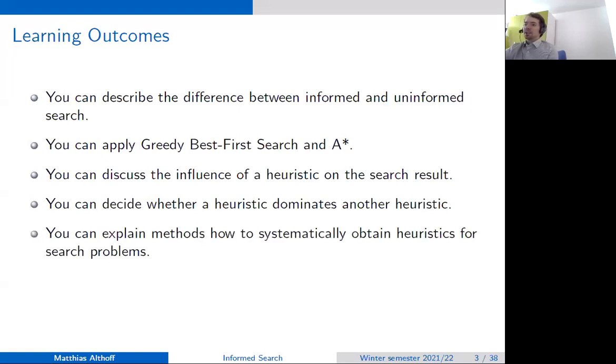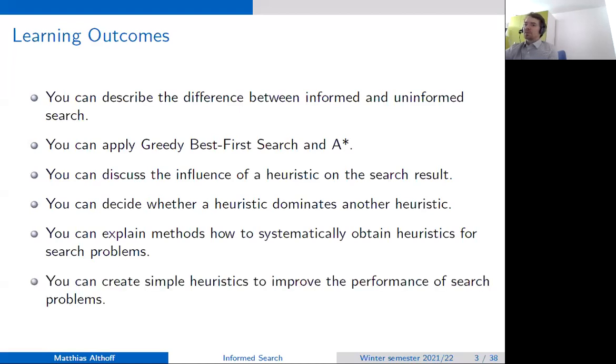And you can explain methods how to systematically obtain heuristics for search problems. In some problems, it's very easy, like in this map of Romania problem. In other search problems, like the 8 puzzle, it's more complicated. And you can create simple heuristics to improve the performance of search problems. And we'll see that even slightly improving the heuristics will drastically reduce the number of nodes you have to visit due to the exponential complexity of the search techniques.